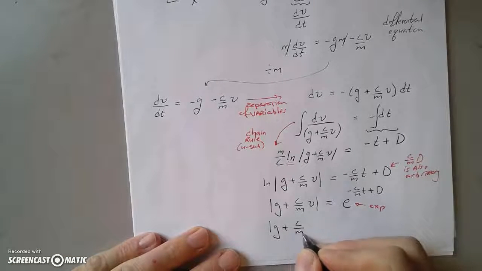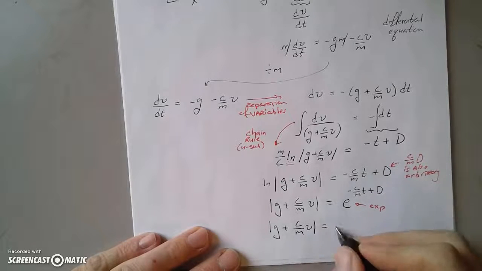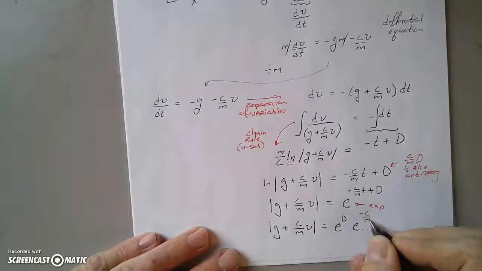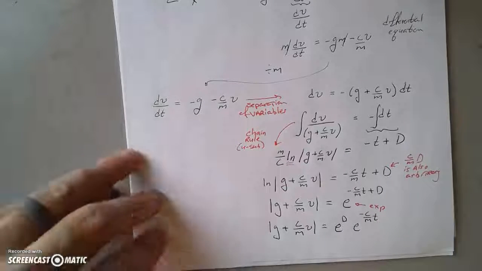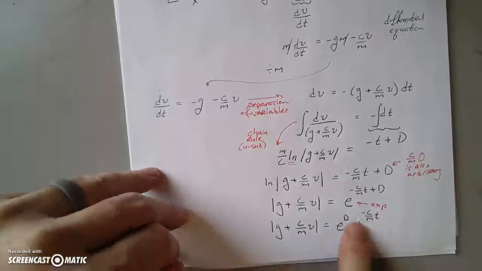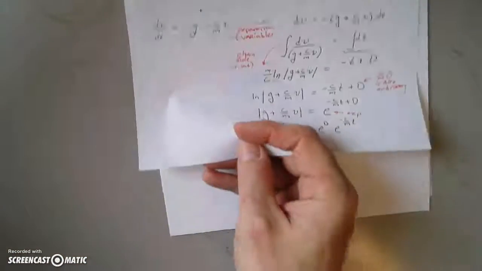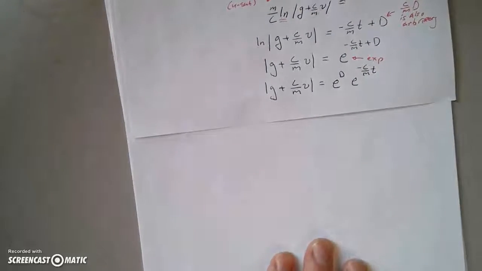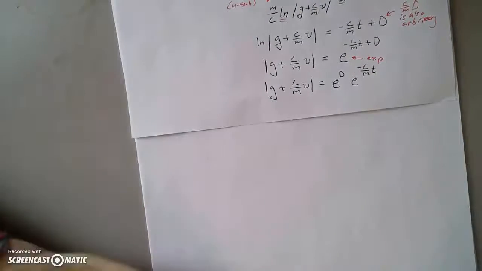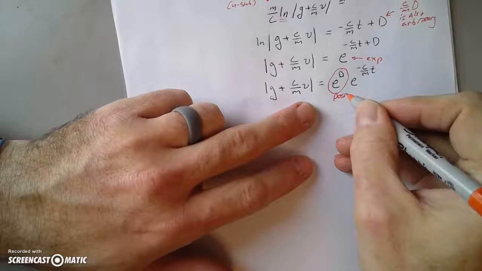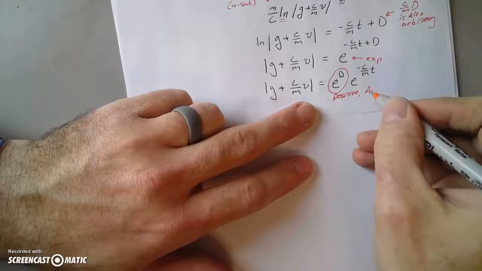I hope what you're seeing here are all these different algebraic properties that you've had to learn. So I've split things up, right? If you have an exponent with a sum, it's the product of bases. Now, this is positive, and it's arbitrary.